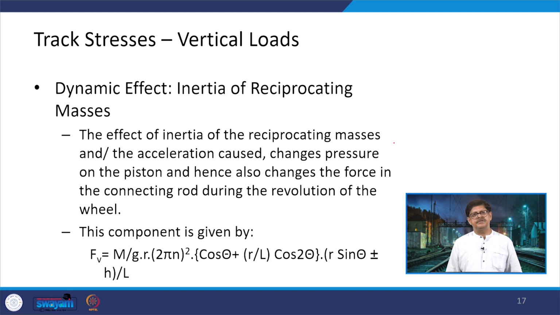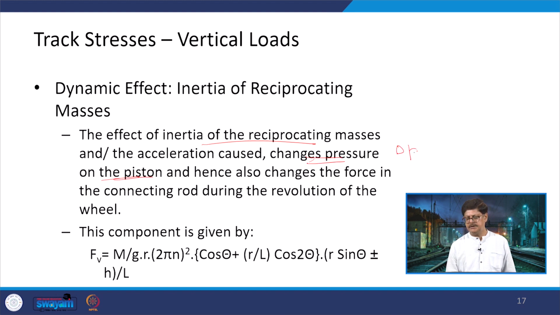Then another case can be the inertia of the reciprocating masses. In this case, the effect of the inertia of the reciprocating masses and the acceleration caused changes the pressure on the piston and hence also changes the force in the connecting rod during the revolution of the wheel. So this inertia is creating an impact on the pressures generated.